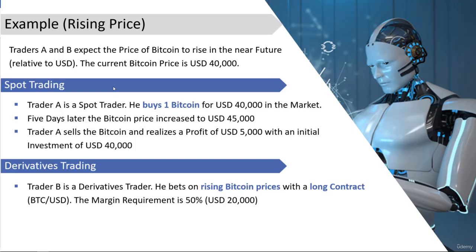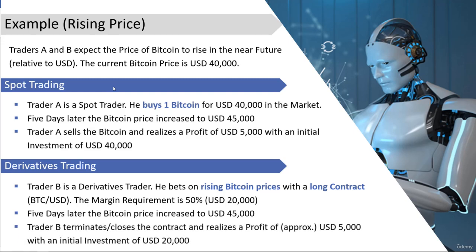But in our case here, the price doesn't fall. After 5 days, we are at 45,000, and trader B decides to terminate or close the contract. By doing so, he realizes a profit of approximately 5,000. He gets a cash compensation from the broker of approximately 5,000.